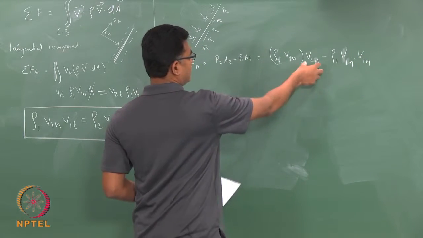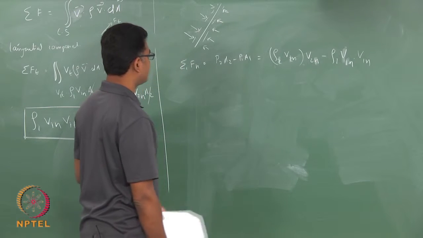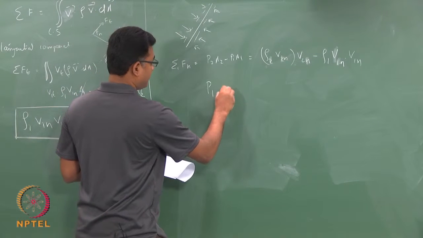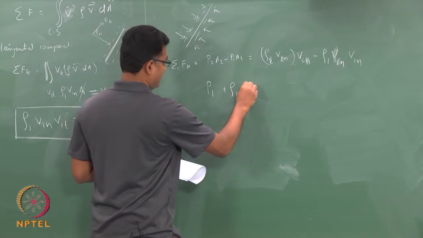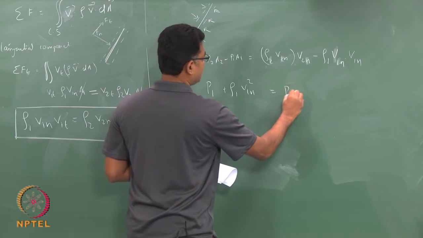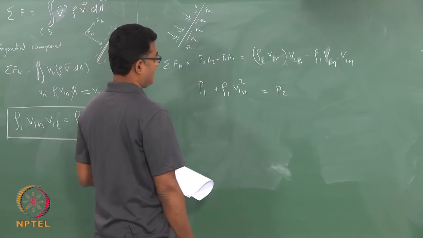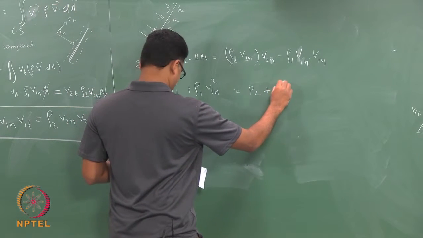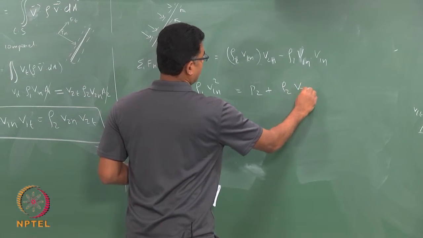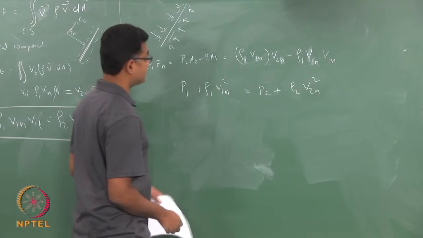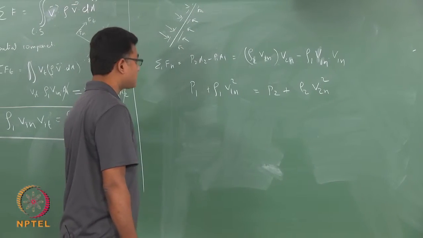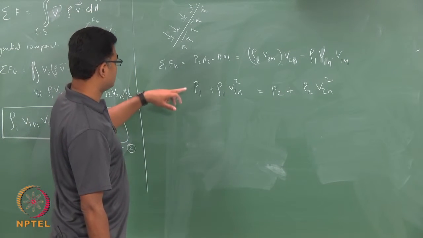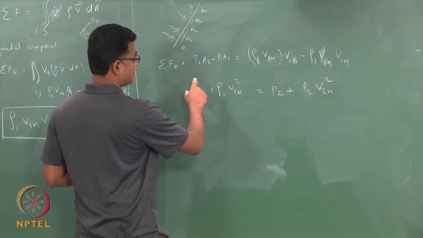So, there is mass into velocity, mass into velocity. There is a sign that is missing here.